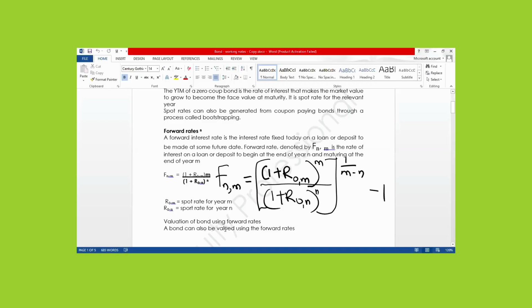Year M is the maturity year. If you look at this formula, you cannot calculate forward rates without having the spot rates.